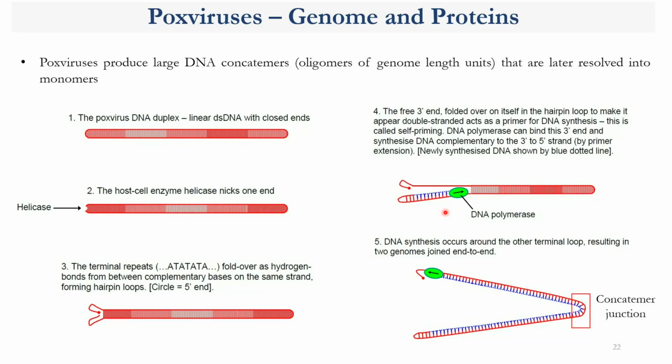All right, now you have these hairpin structures. Well, guess what? Our DNA polymerase needs a primer to replicate DNA. So these hairpins actually act as primers, okay? This is called self-priming, okay?